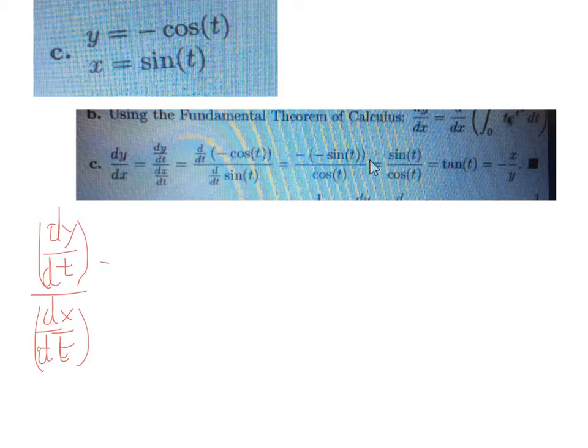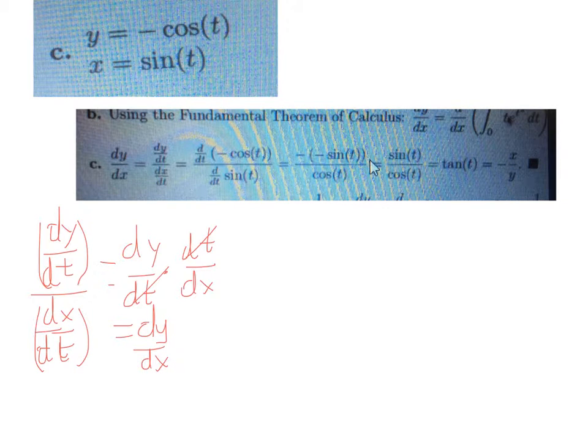And so that's why he's able to say dy/dt divided by dx/dt is equal to dy/dx, because he's just doing this and slashing out the dt's, and so we have dy/dx. Okay, so that's a little trick that he's using there.